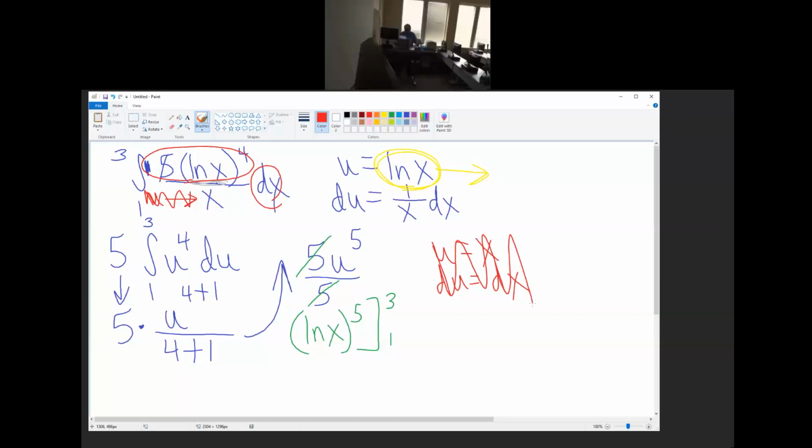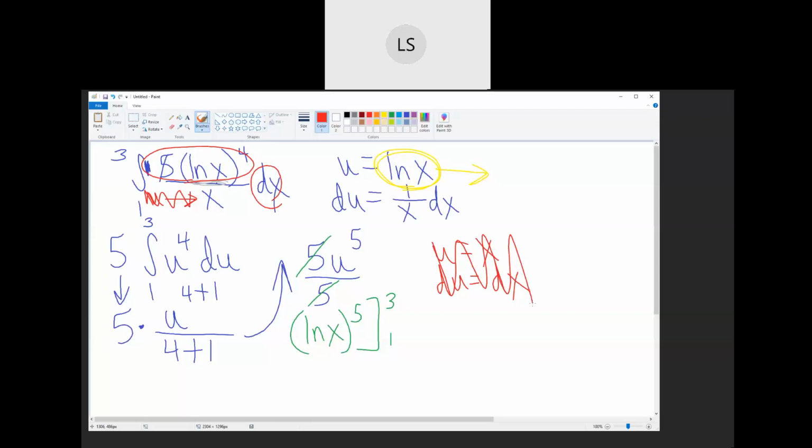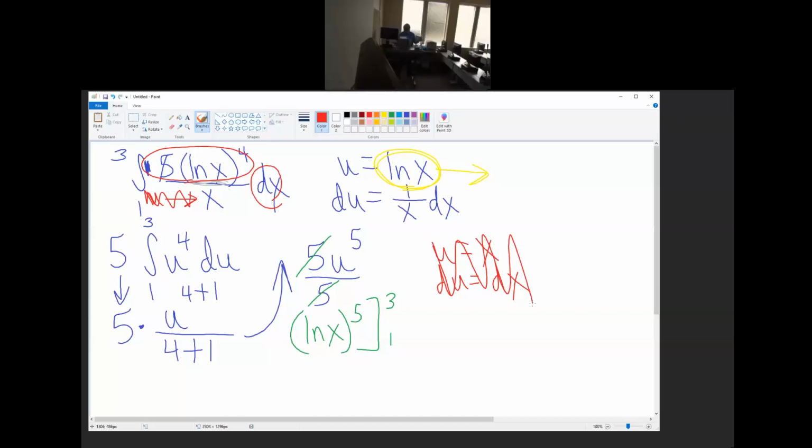It would actually be 4 cosine of 2t, and that's nowhere in the problem. So if what you pick for u makes the problem more difficult, then pick something else and see if that works.